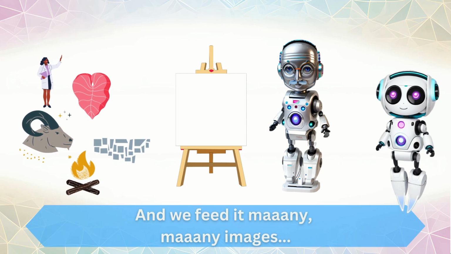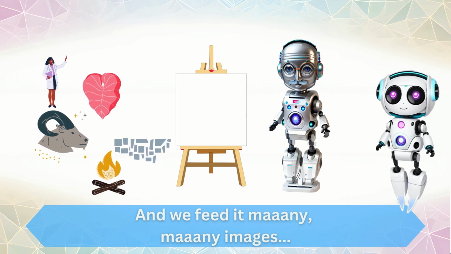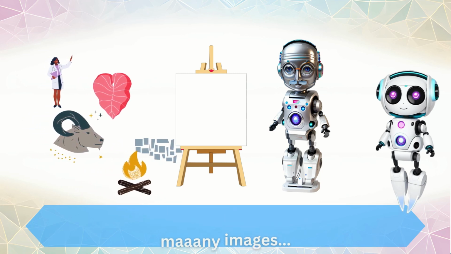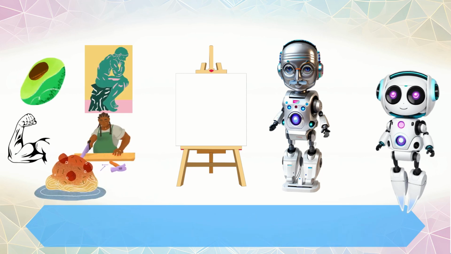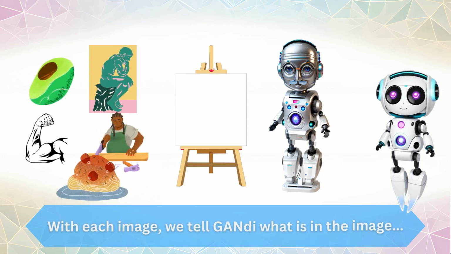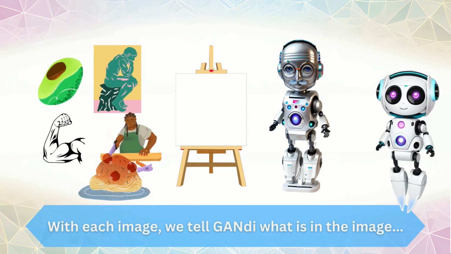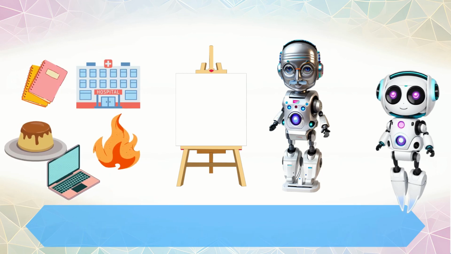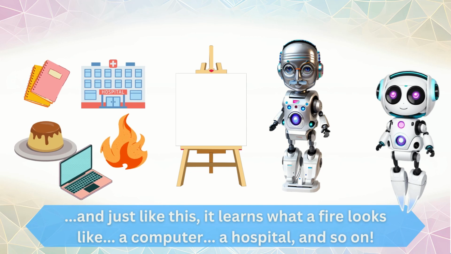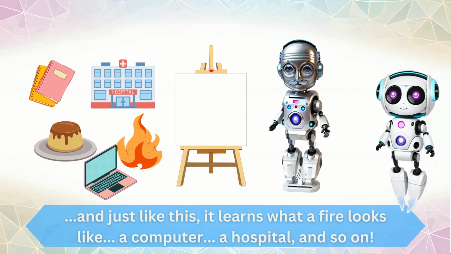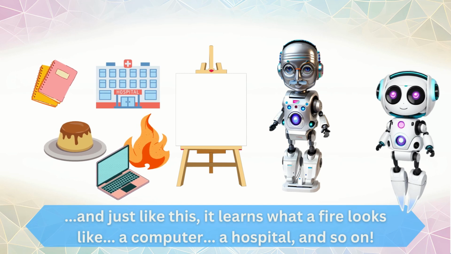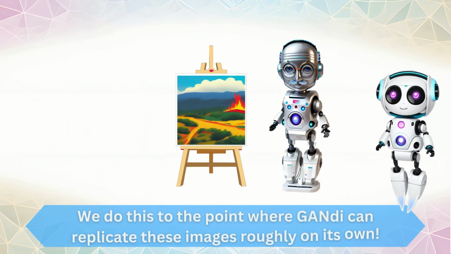And we feed it many images. With each image, we tell Gandhi what is in the image. And just like this, it learns what a fire looks like, a computer, a hospital, and so on. We do this to the point where Gandhi can replicate these images roughly on its own.